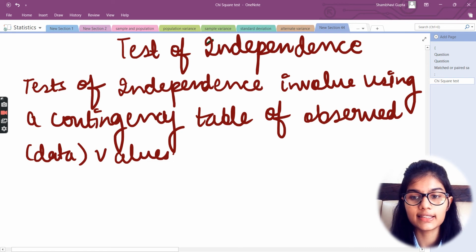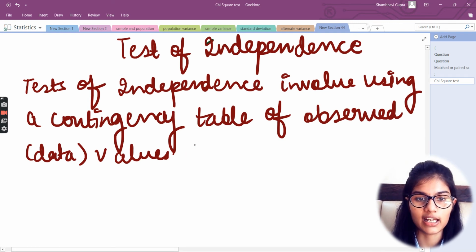Right, so this is the test of independence: it involves using a contingency table of observed data, which are the values we have.